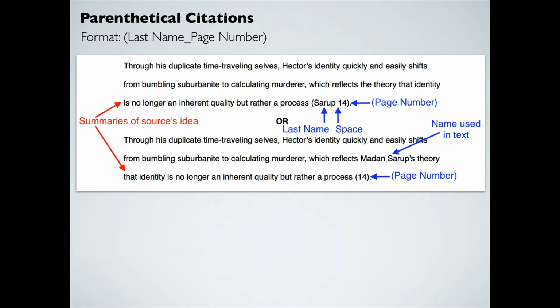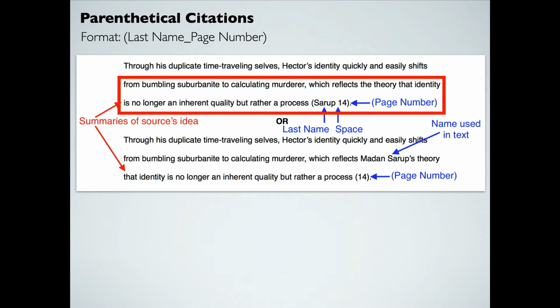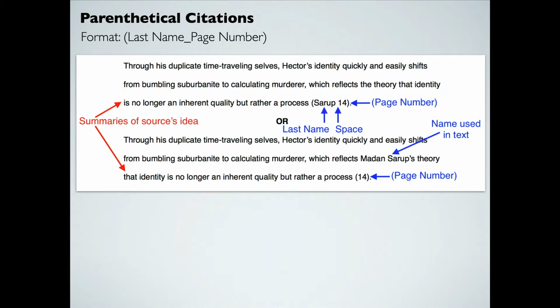The writer then develops the idea by summarizing Maidan Sarap's theory of identity in the second part of the sentence, which reflects the theory that identity is no longer an inherent quality, but rather a process. The writer found this idea on page 14 of Maidan Sarap's book.